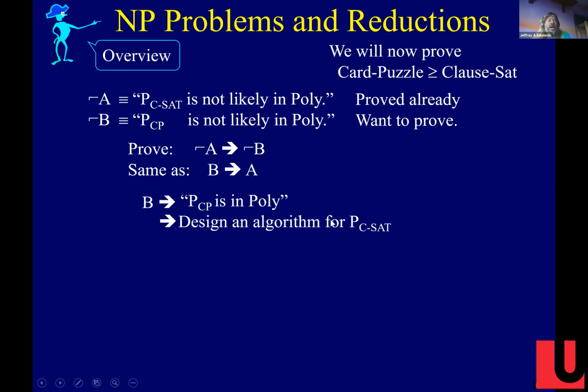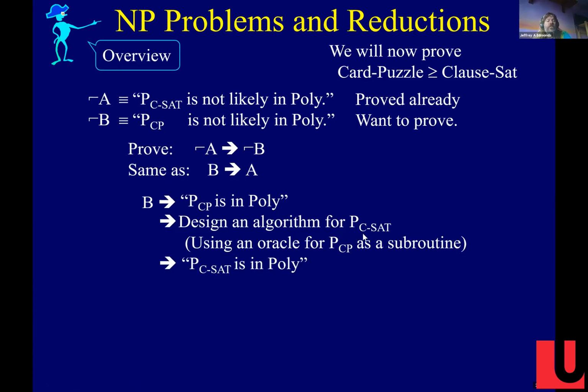And if it's in polytime, then we have an algorithm for it, and we can design an algorithm for the clause problem using the card problem as a subroutine. And that gives us that the clause problem has a polytime algorithm, but we don't believe it does, right? We believe that is not true. There's not a polytime algorithm for the clause problem, and hence there's not a polytime algorithm for the card problem. Everybody get that?